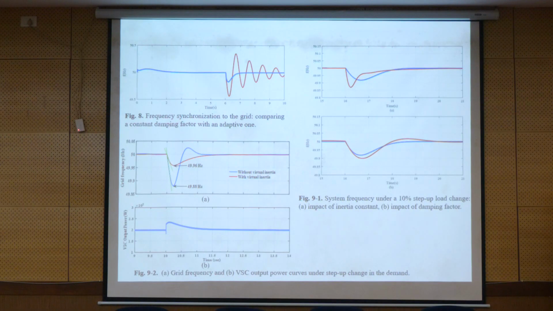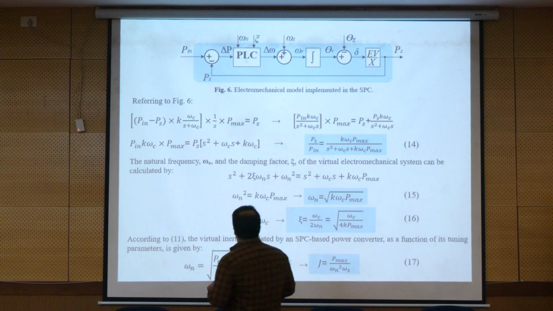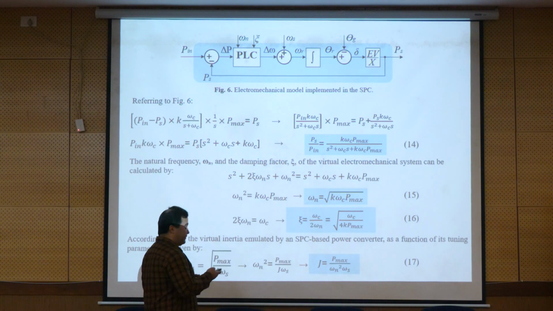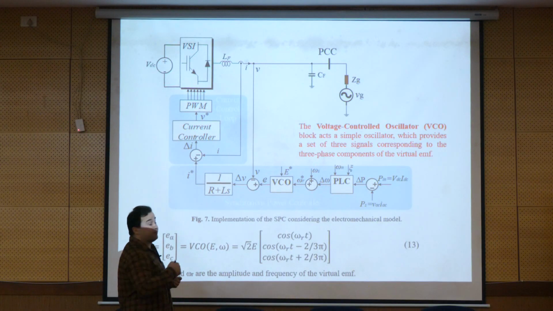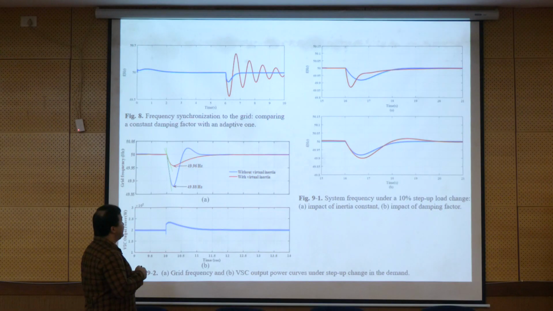So then we consider the impacts of inertia. We see that we can calculate the value of the inertia that can be injected from the converter to the grid. And we see that if the inertia is less, we have bigger frequency changes.